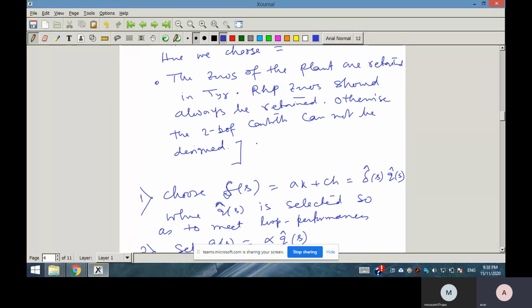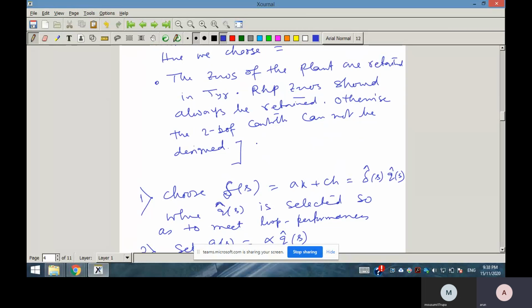So internal stability is very important. I will say a little bit about it in the next class, but internal instability is nothing but unstable pole zero cancellation in the loop. In a feedback loop, unstable pole zero cancellations should not happen.